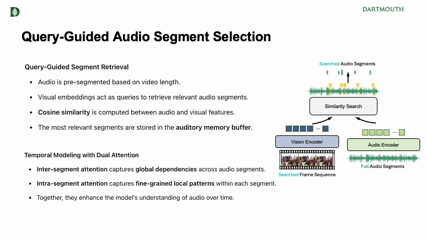To synchronize audio and visual information, we optimize their embedding alignment using an unfolded E-loss. To support temporal reasoning, we apply two complementary attention mechanisms: inter-segment attention for global structure across audio clips, and intra-segment attention to capture local audio patterns within segments.